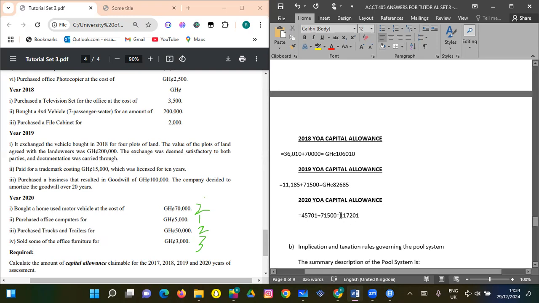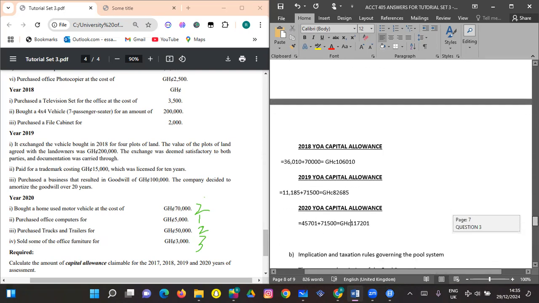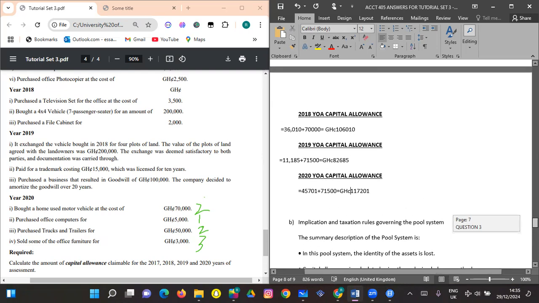All right, so this is going to be the capital allowances for each of the years of assessment, respectively, right? So 2017, 2018, 2019, 2020 year of assessment.